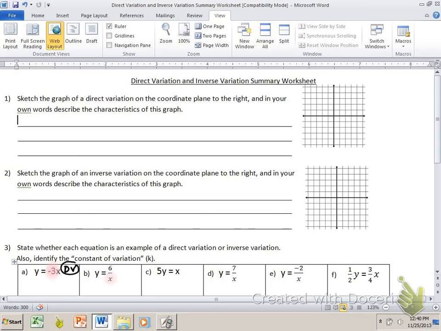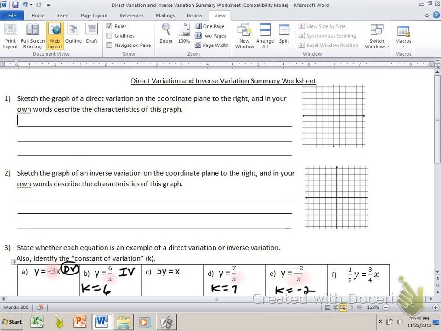Now with b, I want you to notice that the x is in the denominator, which means by default, it's got to be an inverse variation, since I'm telling you it's either direct or inverse. I'm using that same strategy. Let's just go through and eliminate some of these some more. We can see that D is also an inverse. E is also an inverse, okay? So for B, my k is 6. For D, my k is 7. And for E, my k is negative 2.